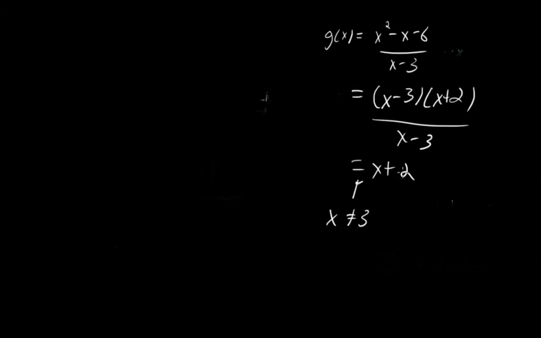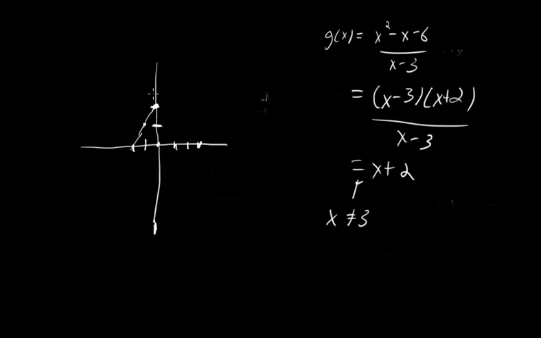So what's this graph going to look like? Well, it's basically going to be a line, y equals x plus 2, right? So a line with slope 1 and y-intercept 2. But it's going to have a hole. Where's it going to have a hole? It's going to have a hole at x equals 3.